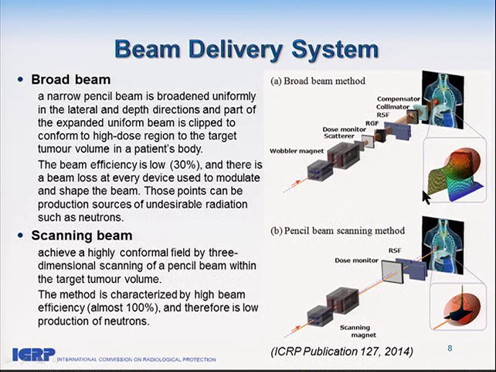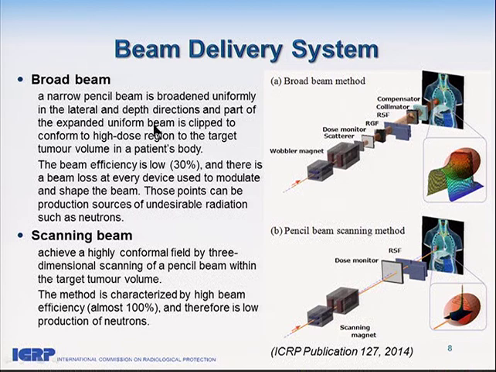I'd like to mention a little bit about the beam delivery system, how to deliver the ion beams. Of course, we need the accelerator part, but I will skip that one. In general, there are 2 methods to deliver the ion beams to the target tumors. One is a broad beam. When we extract a narrow pencil beam, which usually comes from the accelerator, it's broadened uniformly in the lateral and depth directions.